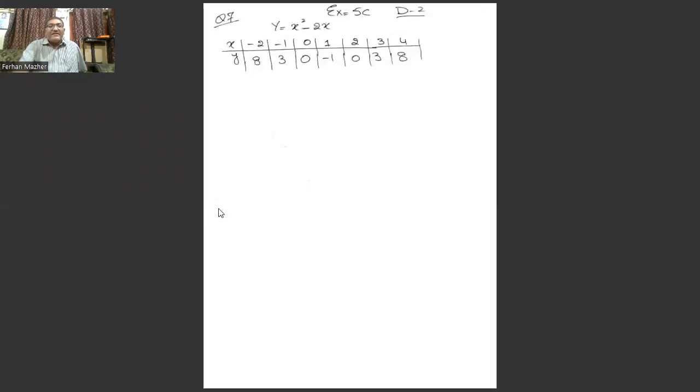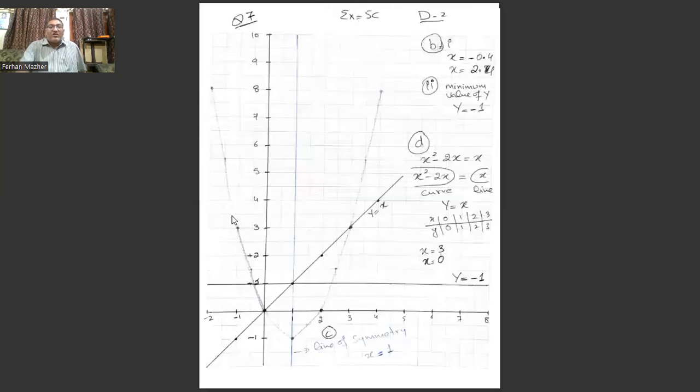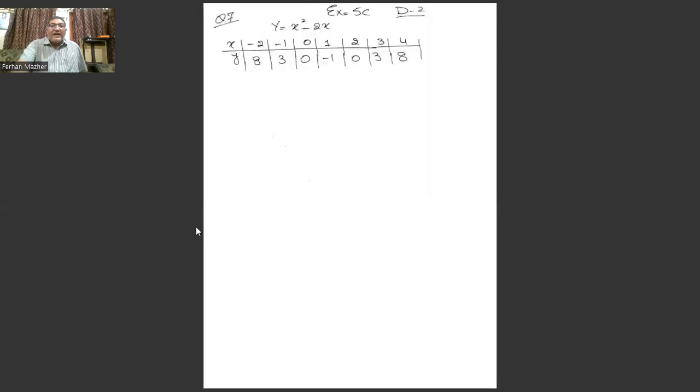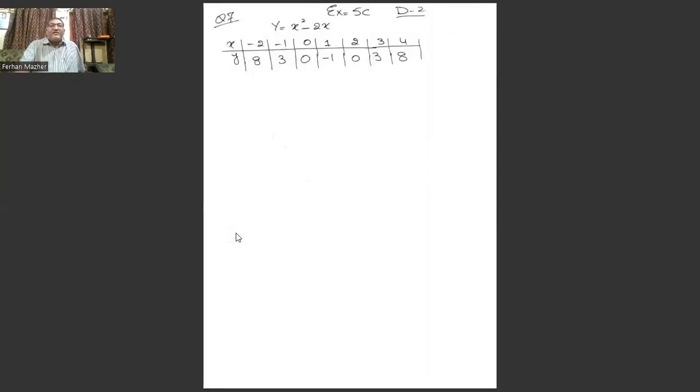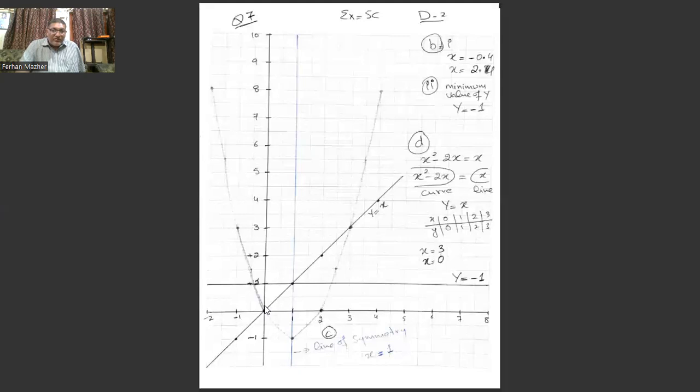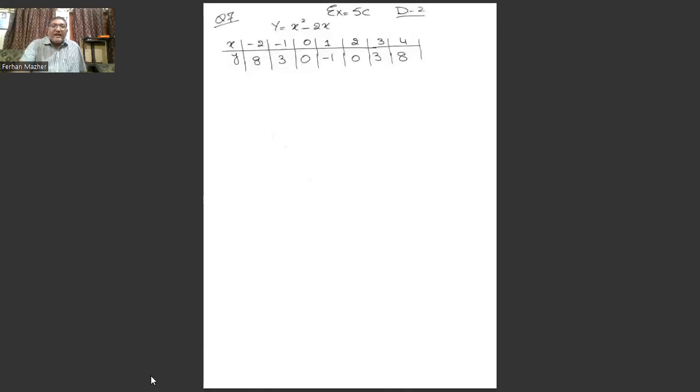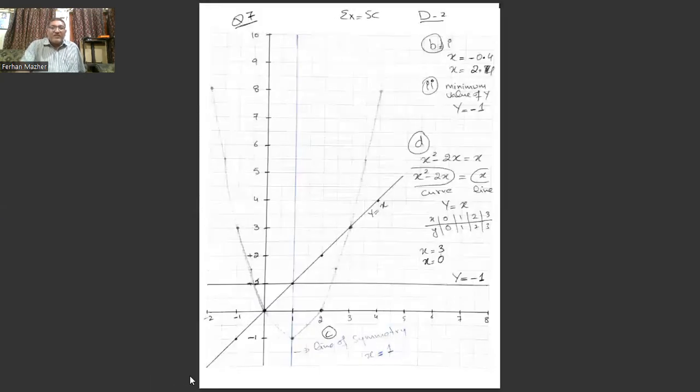So we have the table: at minus 2, I will put a dot at 8. At minus 1, you have the dot at 3. I put this dot. And at 0, you will have 0, so I put this dot. At 1 you will have minus 1, so I put this dot.